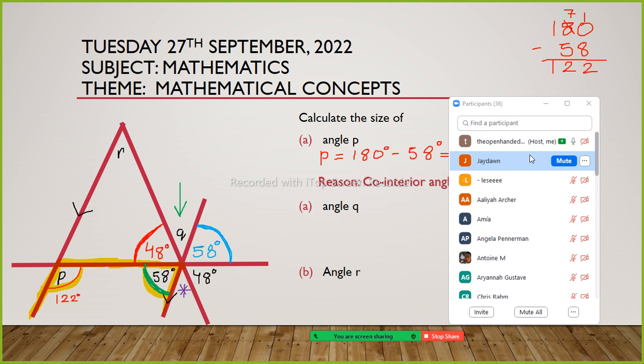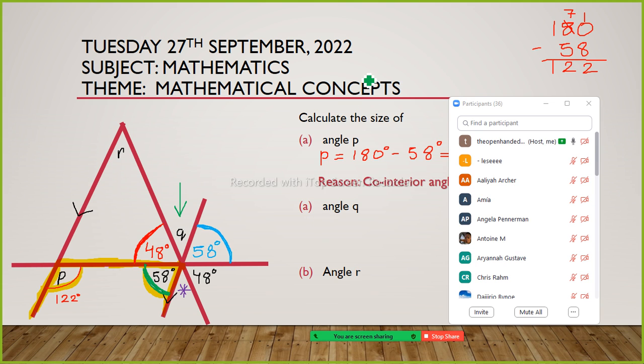Add 48 and 58, and then do what with the answer? Subtract it from 180. Why 180? Because all of the angles add up to 180. Very good. Angles on a straight line.